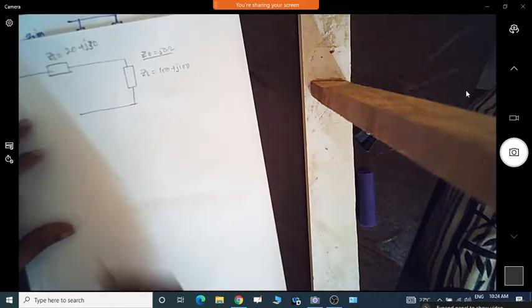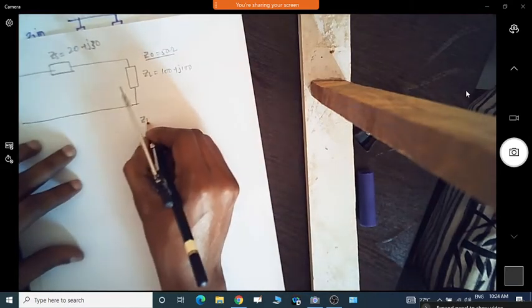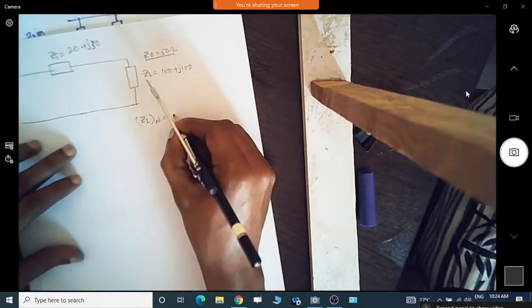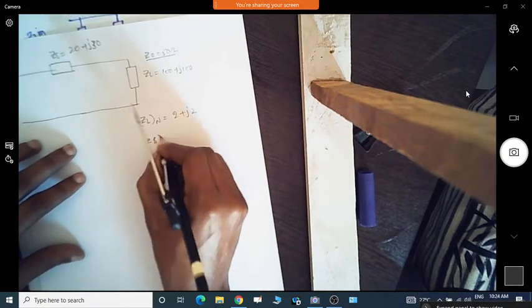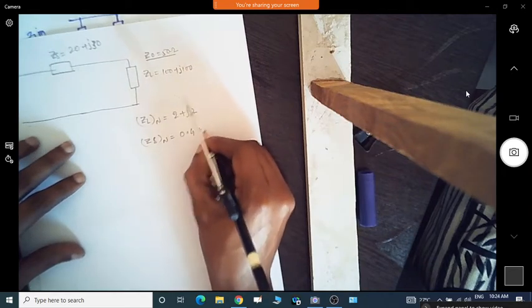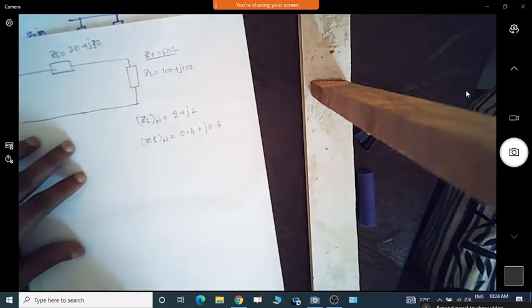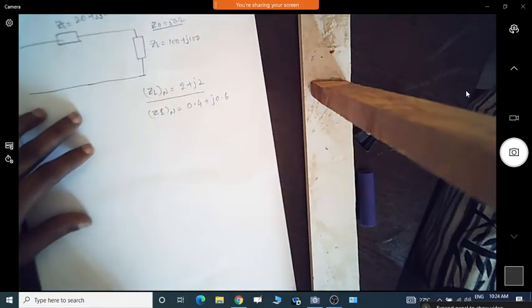First we need to normalize both the values. So ZL normalized is equal to 2 plus j2, and Zs normalized is equal to 0.4 plus j0.6. Now first locate the ZL normalized value.